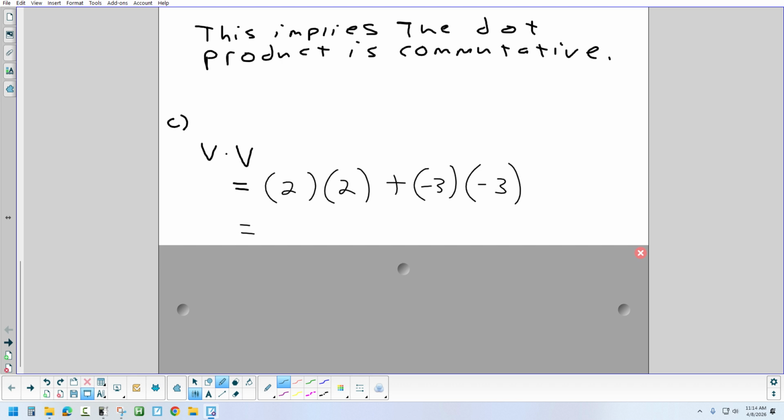What's another way of saying 2 times 2? 2 squared. 2 squared plus -3 squared.